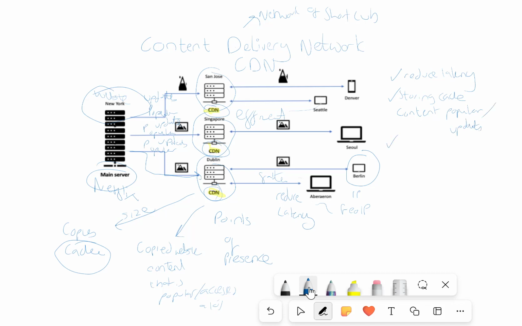CDNs are also responsible for monitoring this. CDNs allow for people all over the world to connect. These people connect to their local CDNs or the closest CDNs based on their geo IP address.